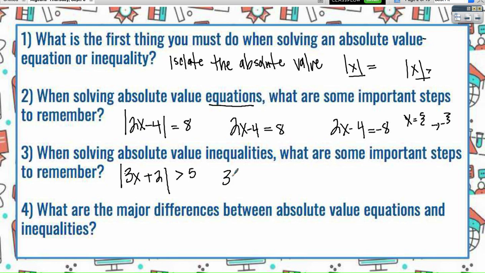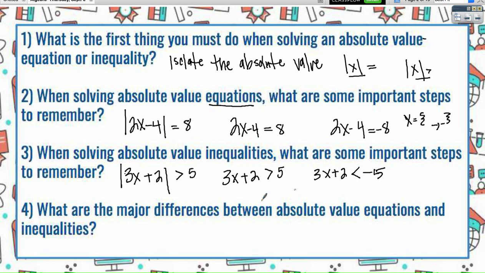So I have 3x plus 2, written the way it is first, greater than 5. But then I also have to flip the sign and change the sign of the number on the right. So I would have 3x plus 2 is less than negative 5. These are the two possibilities I would have to consider with an inequality symbol.